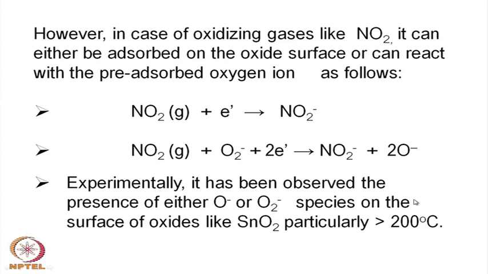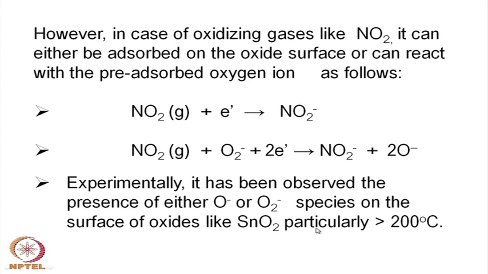Experimentally it has been observed that presence of either O minus or O2 minus species on the surface of oxides, particularly SnO2, the tin dioxide, above 200 degrees centigrade. The presence of these kinds of species has actually been detected on the surface of semiconducting oxides like SnO2.